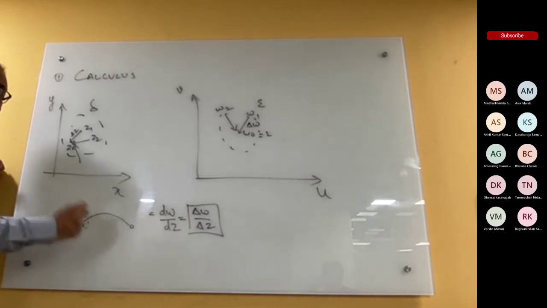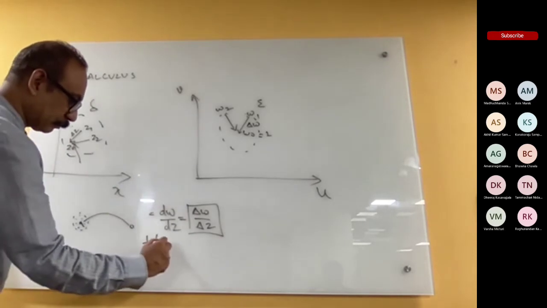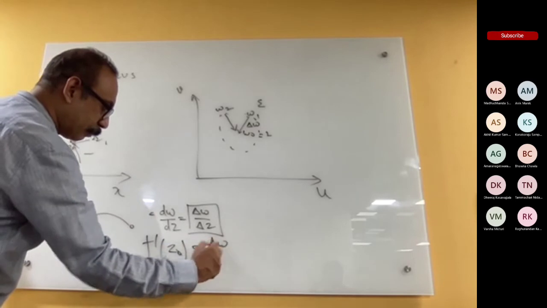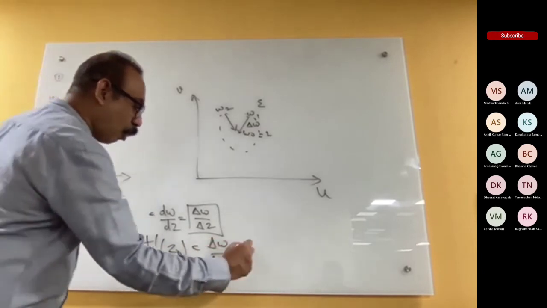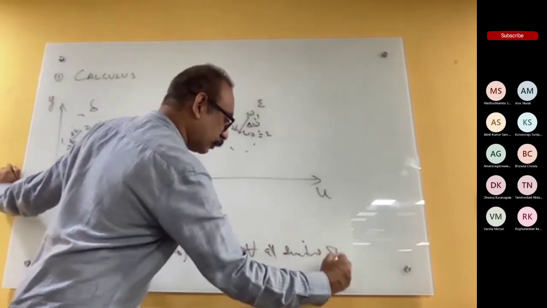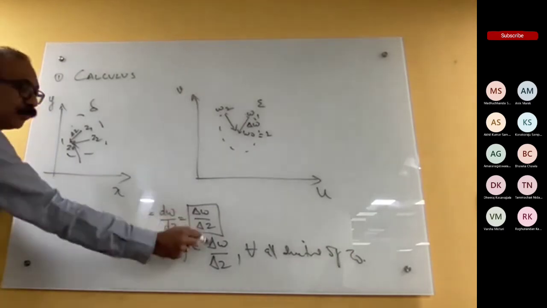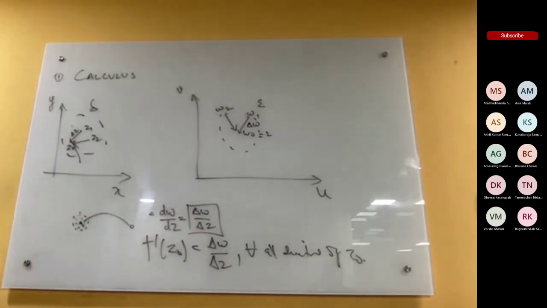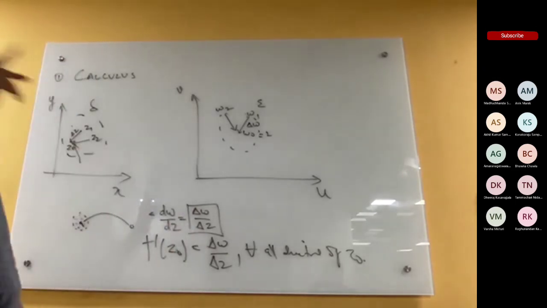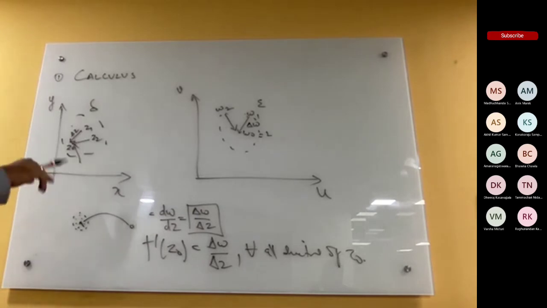The derivative value will be same. It is f dash z, which will be delta w by delta z for all directions of z naught. Whichever direction you approach from, this value will remain constant. This doesn't happen in real. In real numbers, the limit will exist, but it need not be same, which is an important distinction in complex numbers.